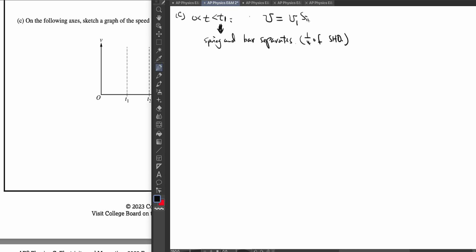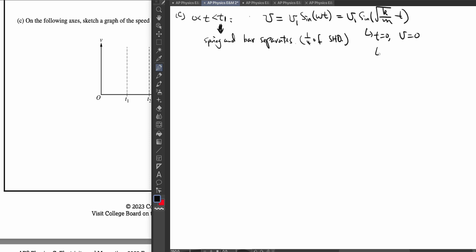V1 represents the magnitude of the oscillation for the velocity, and then we have sine omega t, where omega is the square root of the spring constant over the mass of the rod. If you plug in t equals 0, the velocity is 0. So it starts from rest. That's the maximum compression of the spring.